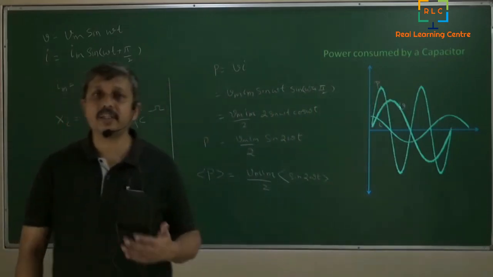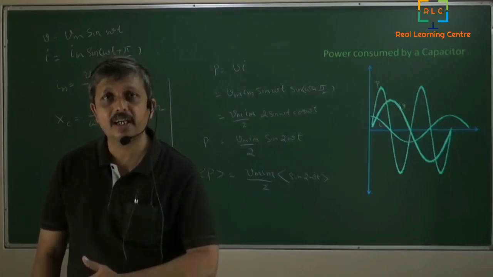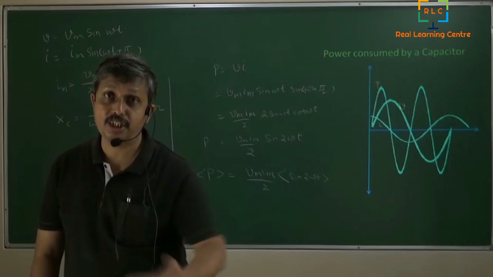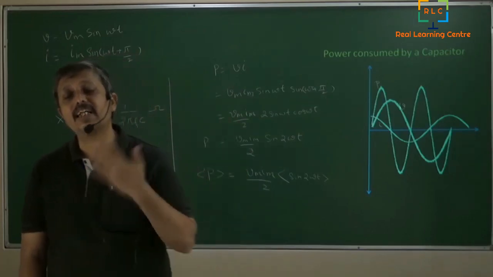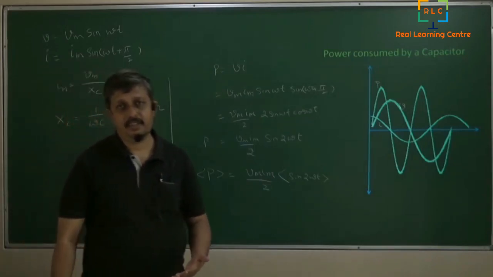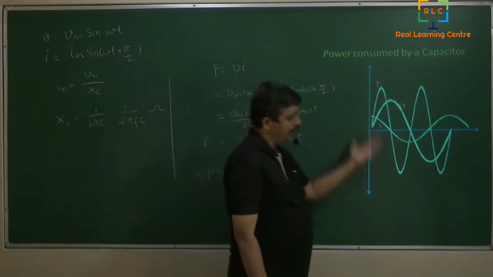So here we use the concept again: it gets charged and discharged, and charged in the opposite direction and gets discharged. This is what continuously happens in the case of a capacitor, and that's why it takes the power and gives back the power.